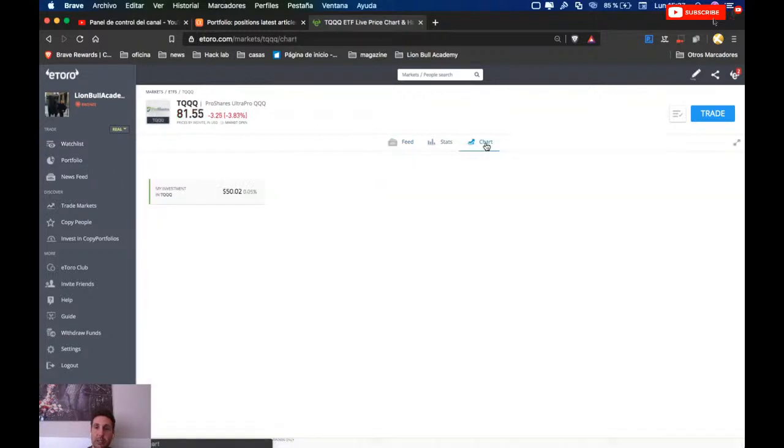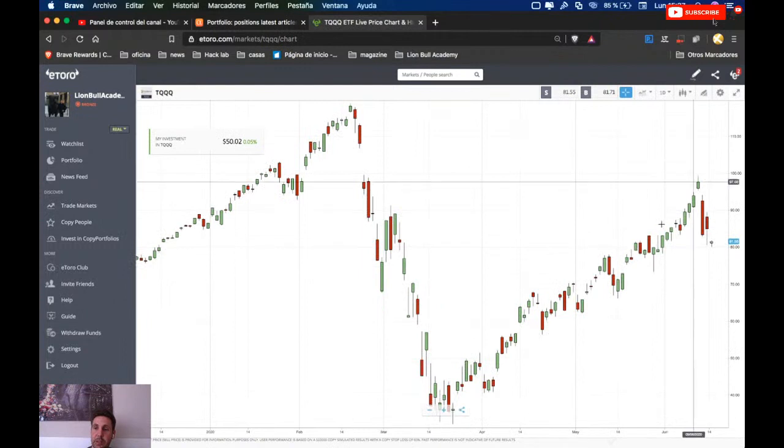We can go check its chart and look at what we want to do with this position. With this position, we are trying to attack at least the 87.86. This at least here. We want to try to get this place, the open of the last candle. That looks like an interesting level to close the operation.